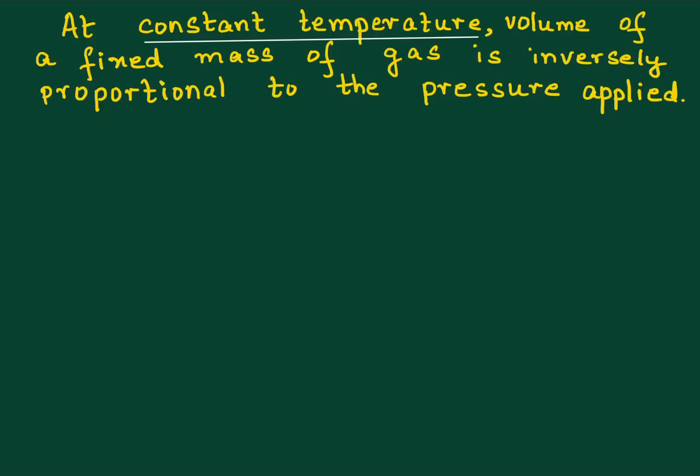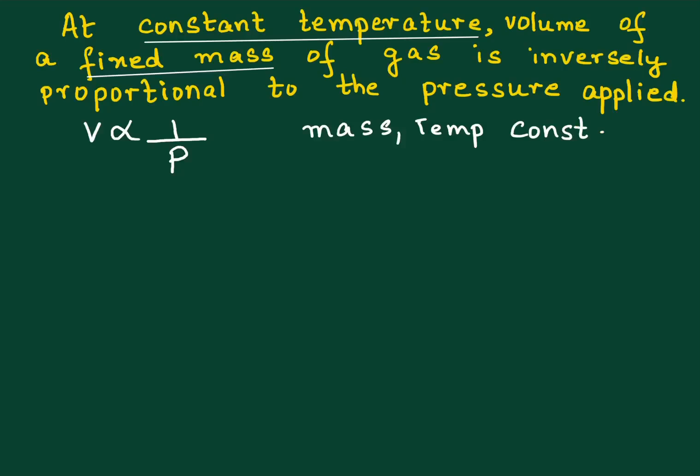Again, in this definition, please do not forget the term fixed mass of gas, is inversely proportional to the pressure applied, right? So let us again list the mathematical expression for Boyle's law, and please don't forget to write mass and temperature are constant, right? Good. Please make a note of this.